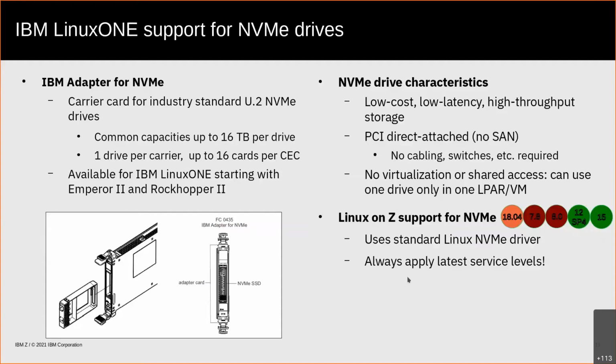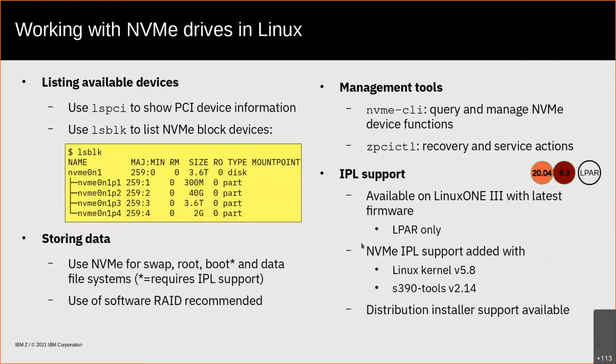But there's more if you want IPL support, which means you could install a Linux distribution on such an NVMe device. You could actually boot from it, so you could make it your root or at least your boot partition. And that certainly needs a different set of Linux distributions as a prerequisite, and that makes that possible.